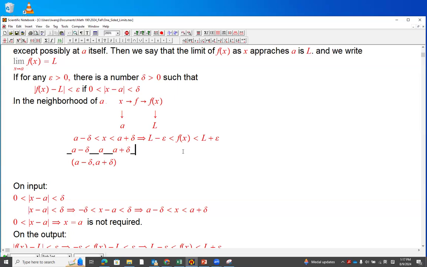And on this side, it's on the output, right? So the output is that the function is in the interval L minus epsilon, comma, L plus epsilon.